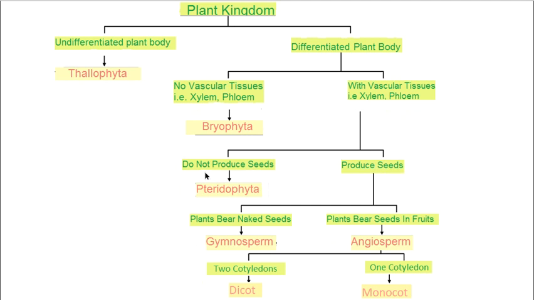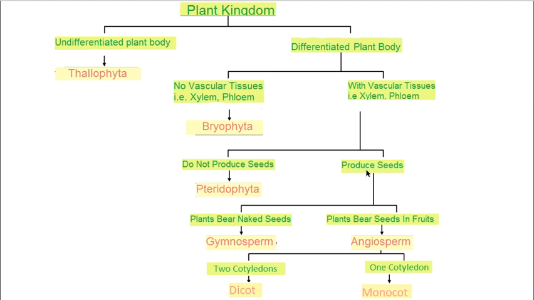Means the plants which have a differentiated body plus have vascular tissues and are not producing seeds, this category is kept under Pteridophyta. Then the seed producing plants: the differentiated body parts are there, vascular tissues are there, and also they produce seeds.